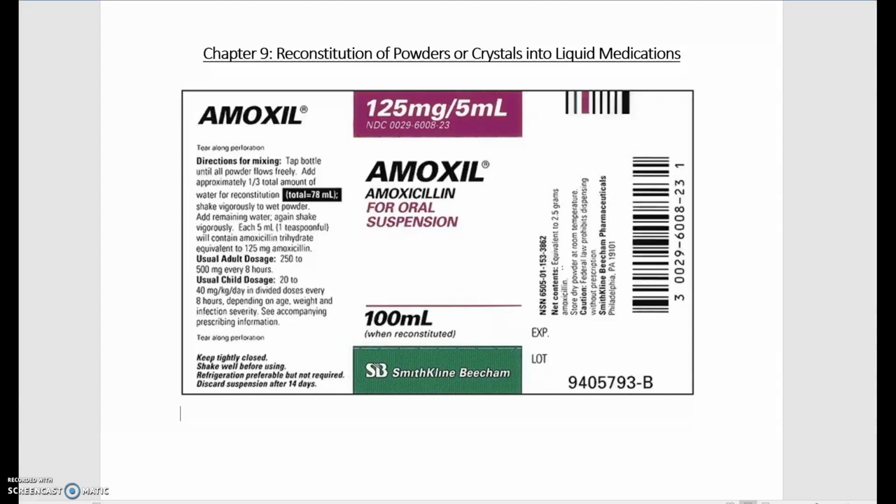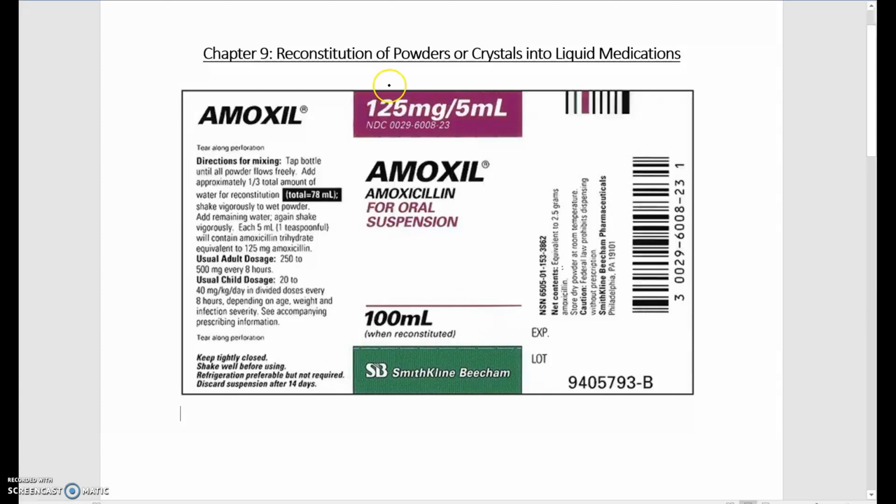So first things first, when you look at a stock medication label, you should be able to identify a couple of things. First, you should be able to identify what we call the dosage strength or dosage concentration.